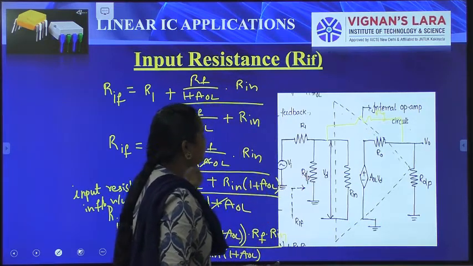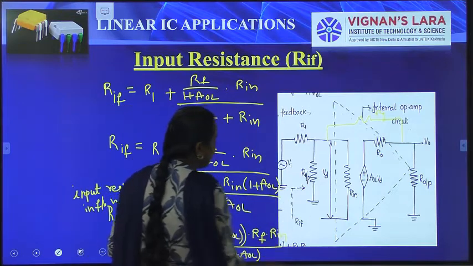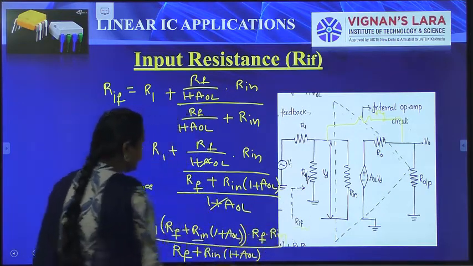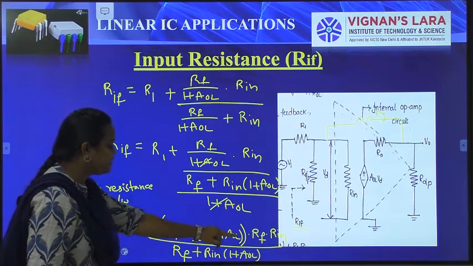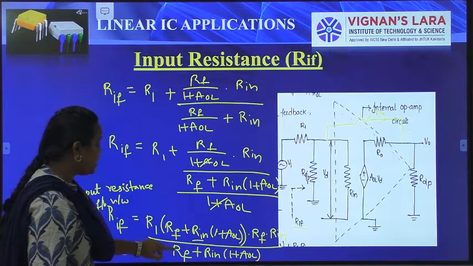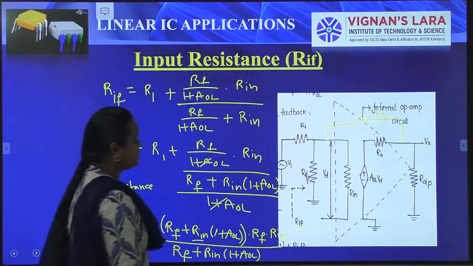Why? Because we are going to calculate the input feedback here. So we get the input feedback as R1 plus RF into Rin by RF plus Rin of 1 plus AOL. This is the term for the feedback input.